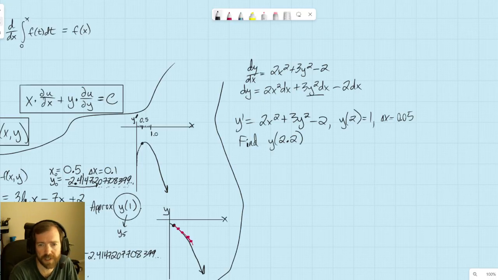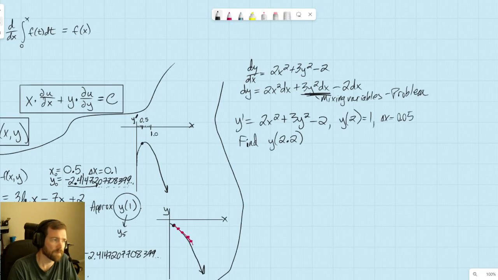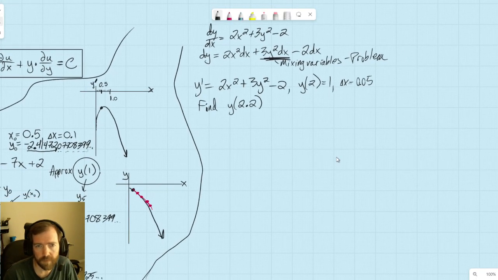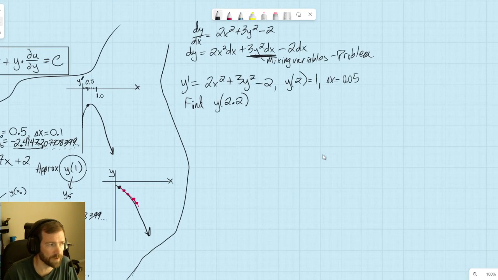When you're mixing variables like this, that creates a problem. So we can't do that. There are other methods which will work on this just fine. But this particular one right here is not going to cut it.